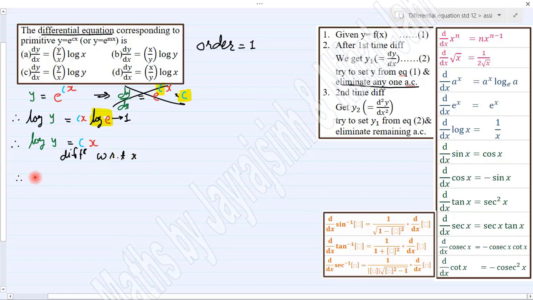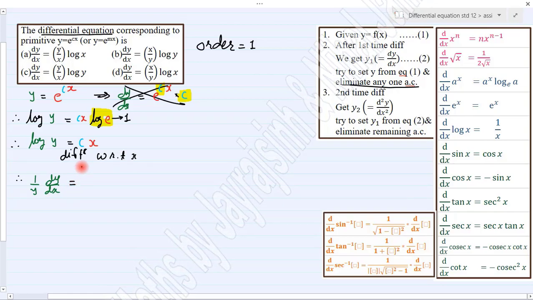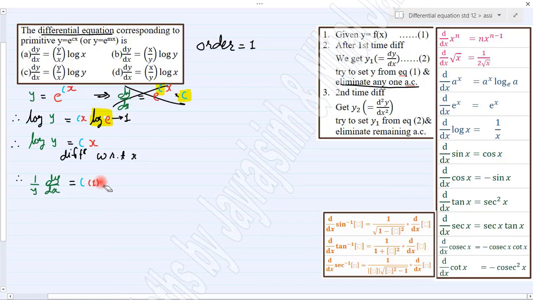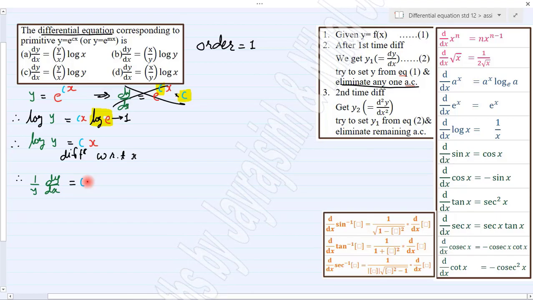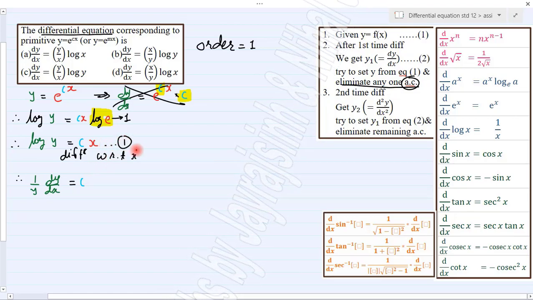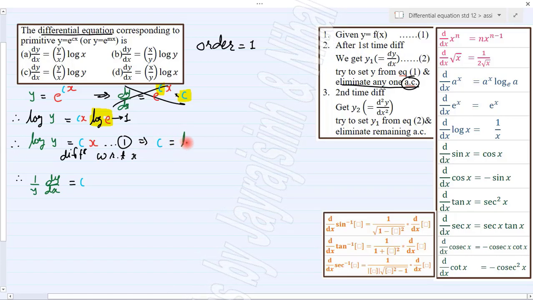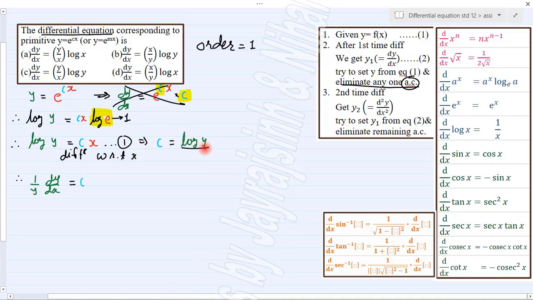Differentiation of log y will be 1 upon y into dy by dx. And on the right hand side, we will get c as it is, since differentiation of x will be 1. Now, in this step, we have to eliminate our arbitrary constant. And for that, we use equation number 1. From equation number 1, c must be log y upon x.